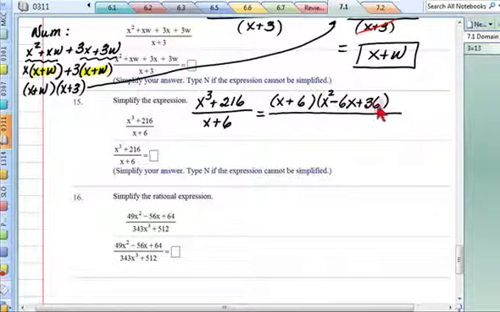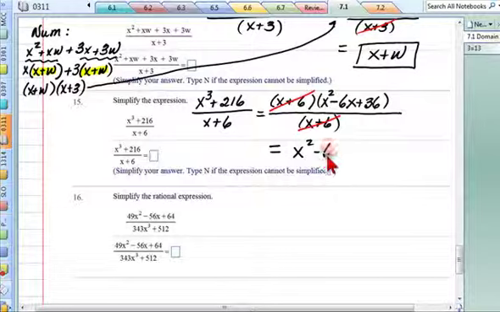That kind of trinomial, which is square, change the sign, product, square, can't ever be factored any further. You'll always just leave it. And it's over an x plus 6. Do you see a common factor? Yes. X plus 6, x plus 6. What is your answer? X squared minus 6x plus 36.